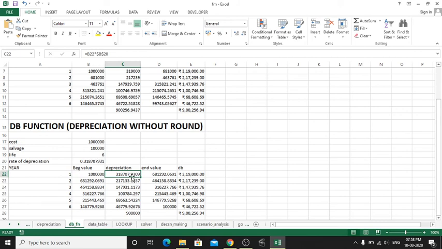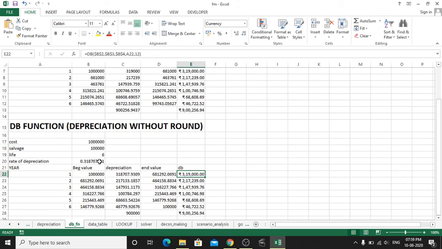There is a minute difference: it was 319,000, here it is 318,707. End value will be the difference between the beginning value and the depreciation value, and the remaining is all the same.